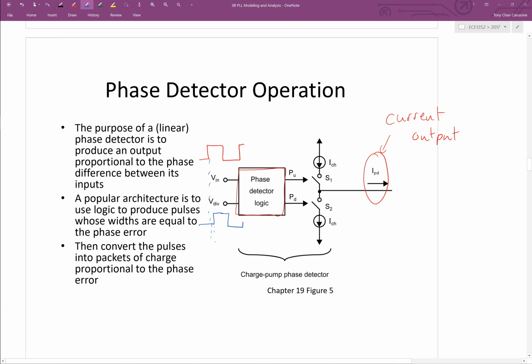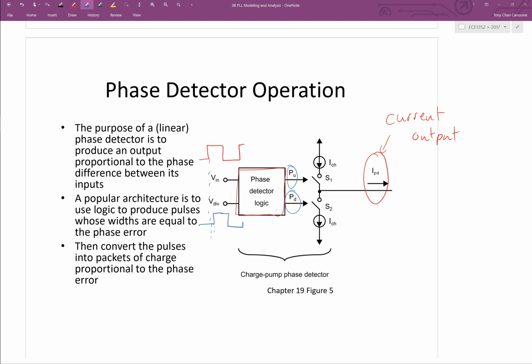And it produces output pulses, logic pulses, here and here at PU and PD, where the width of those pulses is equal to that phase error.